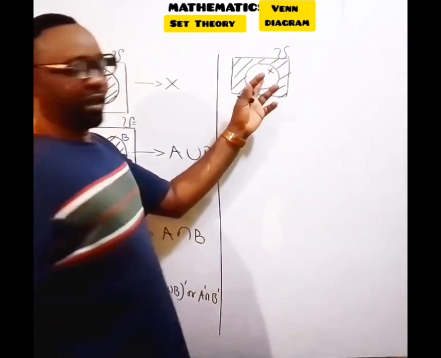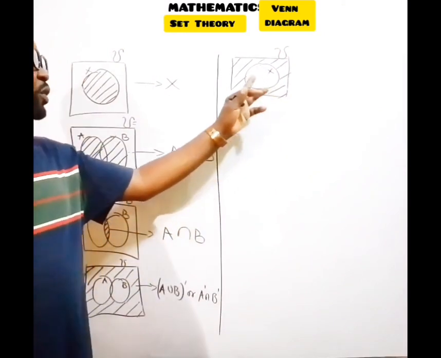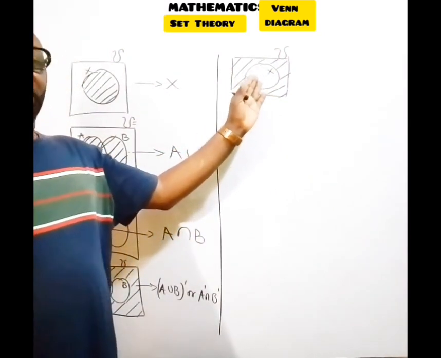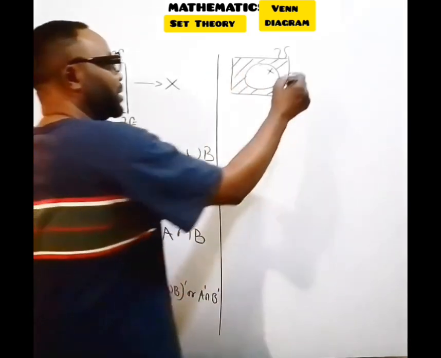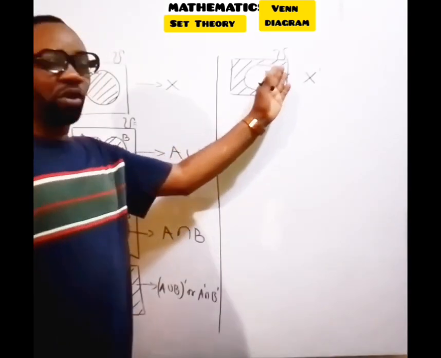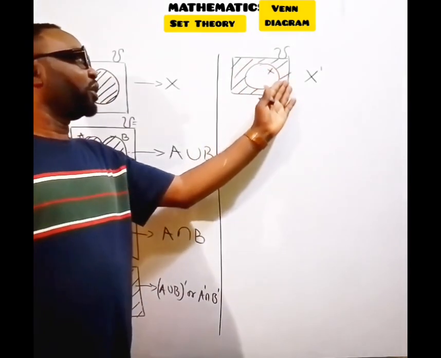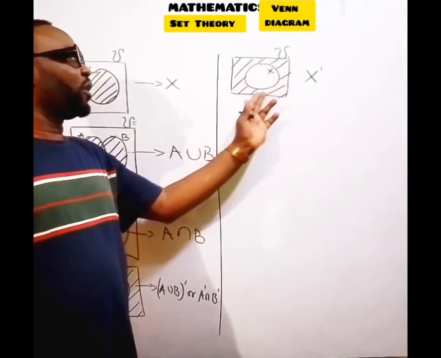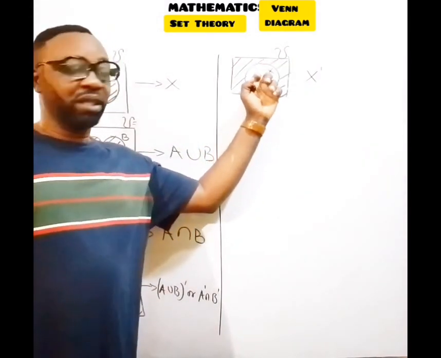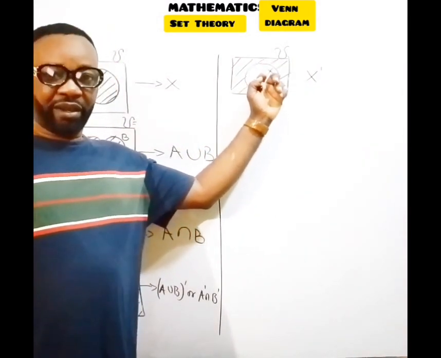This set here, somebody should give me the answer. This is going to be what? X complement. The values you are considering in this shaded portion are those in the universal set that are not at all in set X.